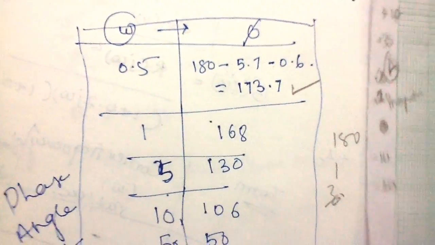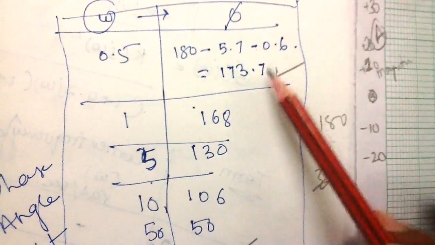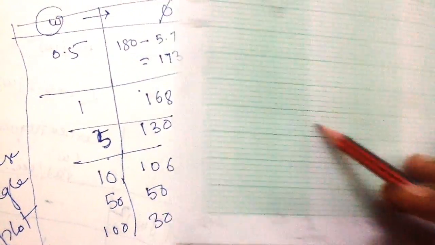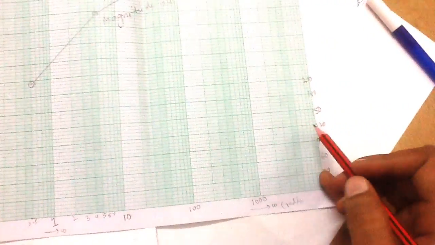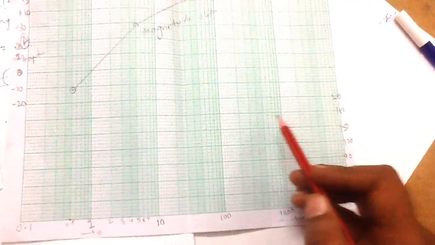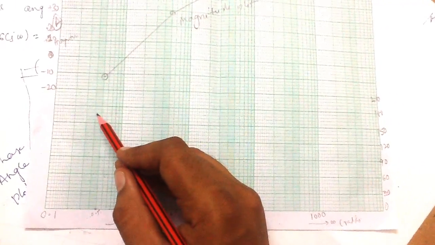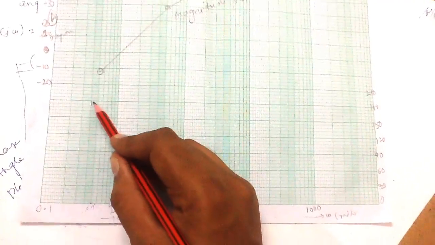So now, for different omega values, plot the respective phase angles. For 0.5, you have 173.7. This is 180, and for 0.5 it's 173.7. You're going to get something here.